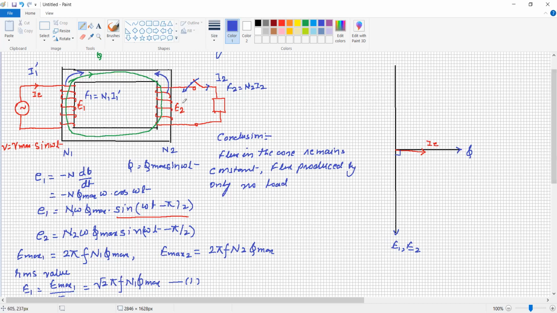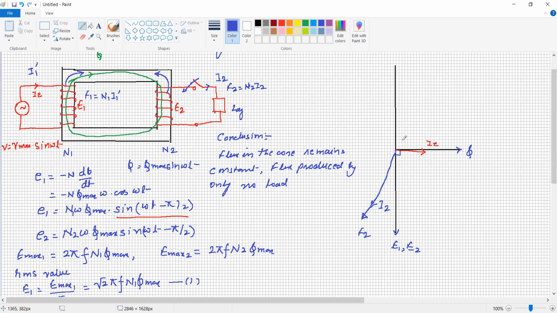Now under such condition, let the load be a lagging one. The current is a lagging current, I2, and it produces the magnetic ampere turns or MMF, say F2.